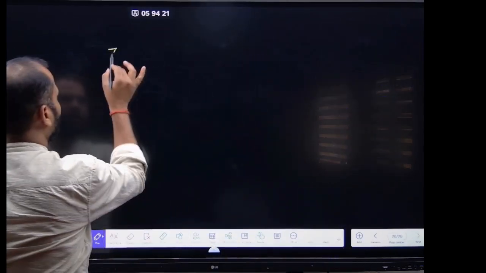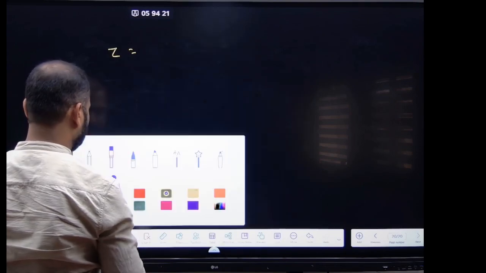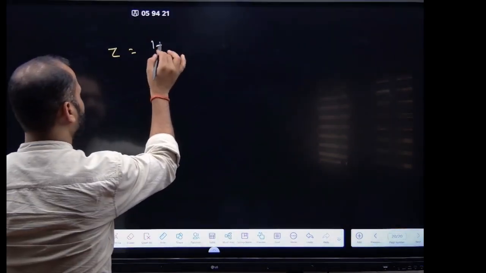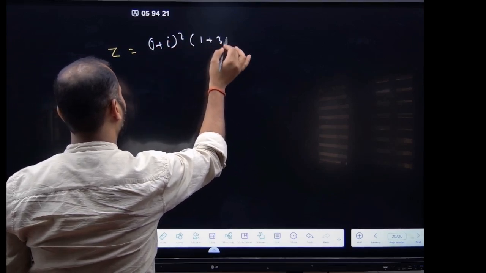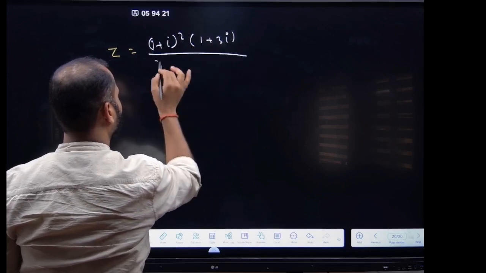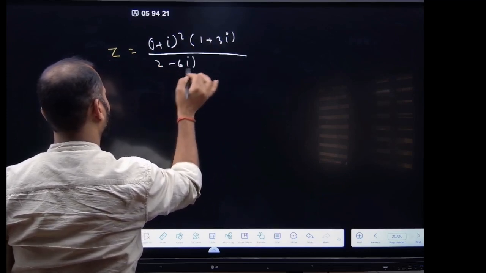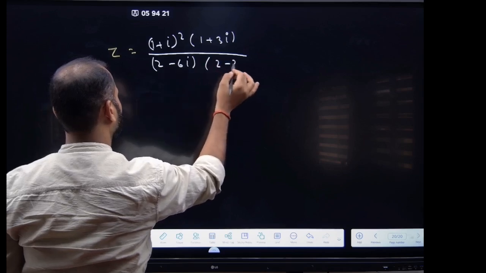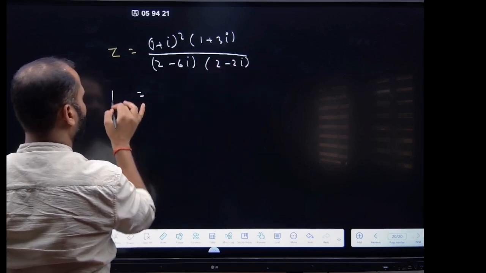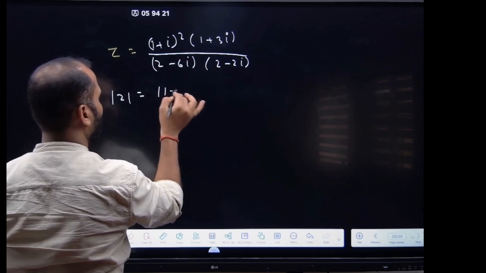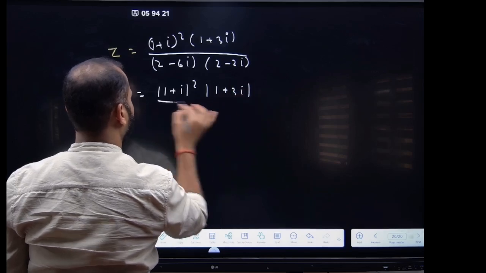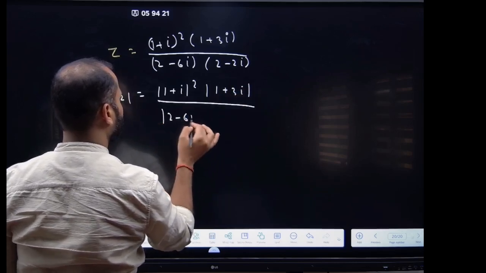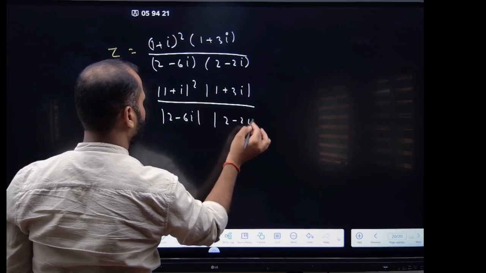z is equal to (1 plus i) whole square, (1 plus 3i), divided by (2 minus 6i), (2 minus 2i). So mod I want, right? So I can write mod (1 plus i) whole square, mod (1 plus 3i), divide by mod (2 minus 6i), mod (2 minus 2i).